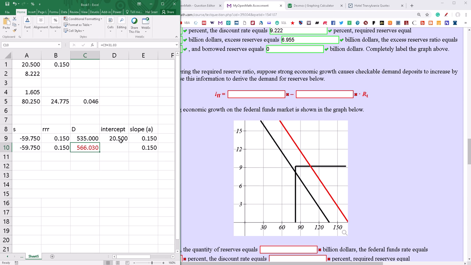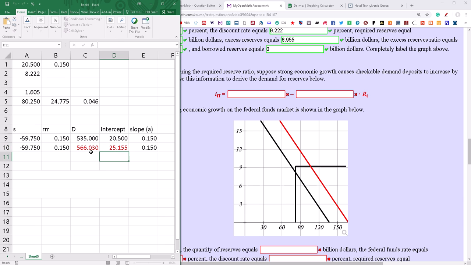So what this does is it shifts the supply curve out. The intercept now, remember what the intercept is. It's the shock parameter, which we reset to the original value, plus the reserve requirement ratio, which we reset to the original value, times the new level of checking account deposits.